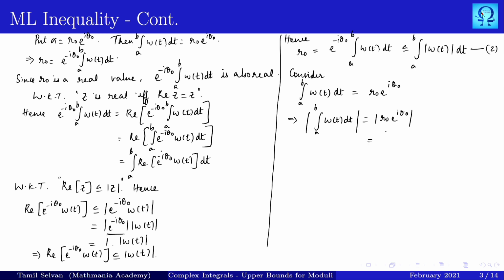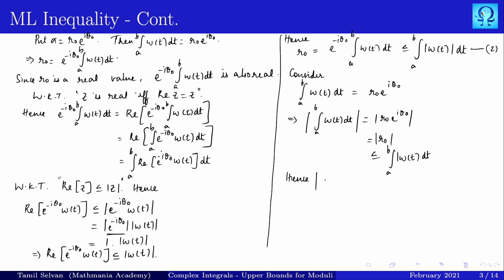And this r naught is what? So when you take the absolute of this thing, you are going to have simply absolute of r naught. So even if you take absolute, nothing is going to get changed, right? So without loss of generality, we may have this to be simply r naught, and this is smaller than or equals to integral a to b absolute of w of t dt.